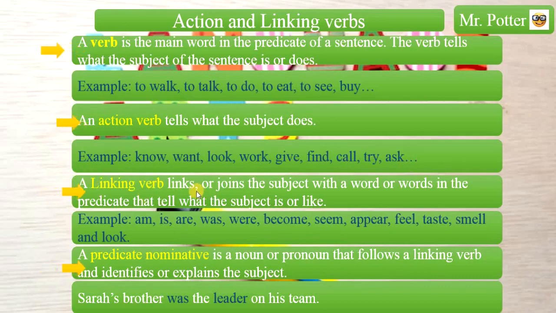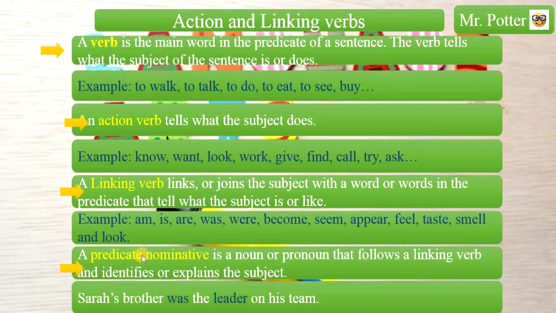A linking verb links or joins the subject with a word or words in the predicate that tell what the subject is or is like. Example: am, is, are, was, were, become, seem, appear, feel, taste, smell, and look.